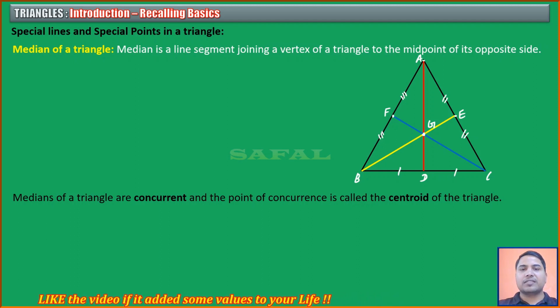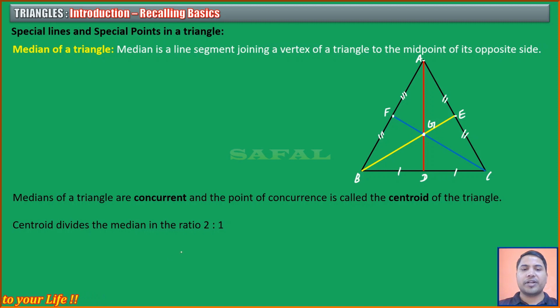So a median is a line segment joining a vertex to the midpoint of the opposite side. A triangle has three medians, all three medians are concurrent, and the point of concurrence we call the centroid. The next important point related to this is that the centroid divides the median in the ratio 2:1. That means AG is 2 parts and GD is 1 part.